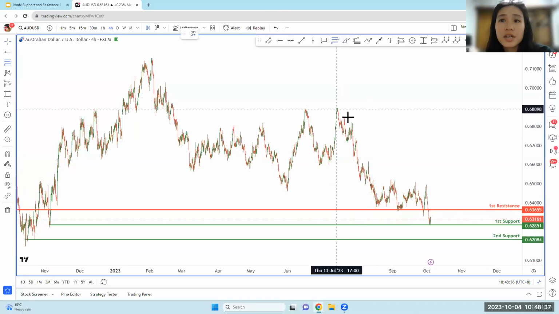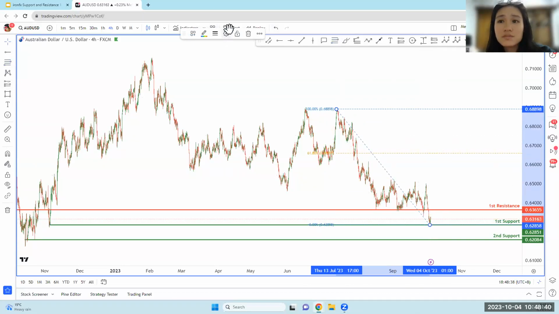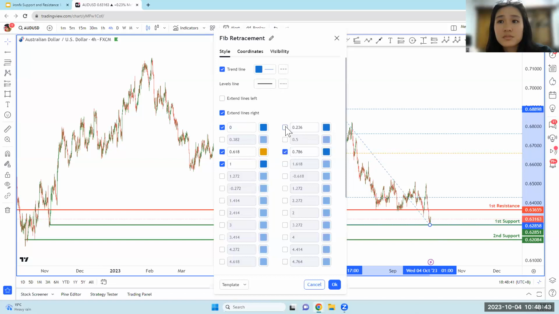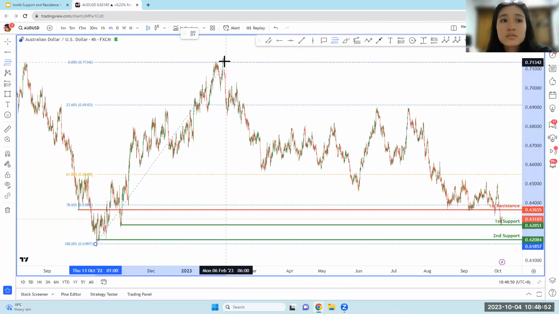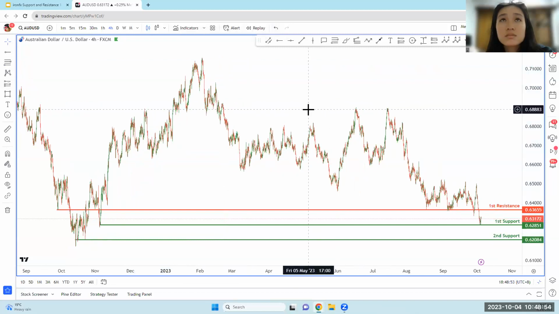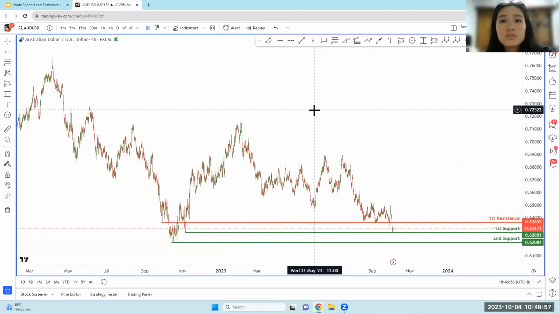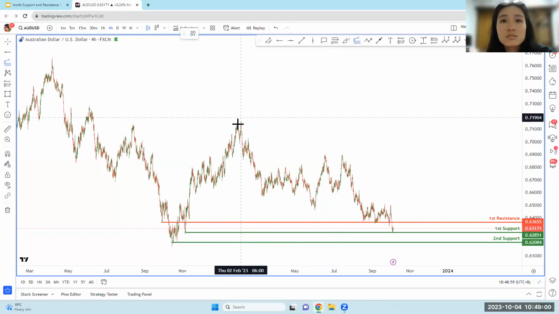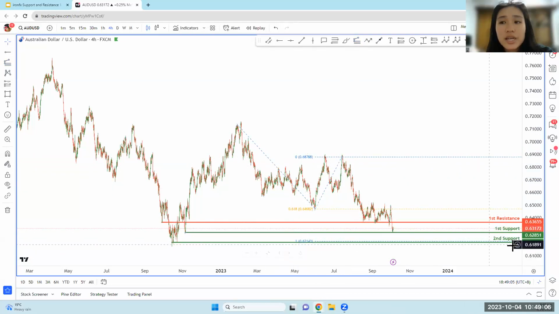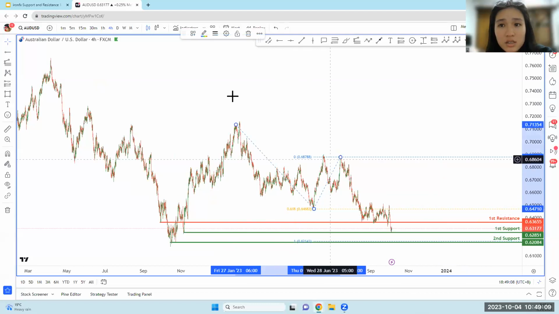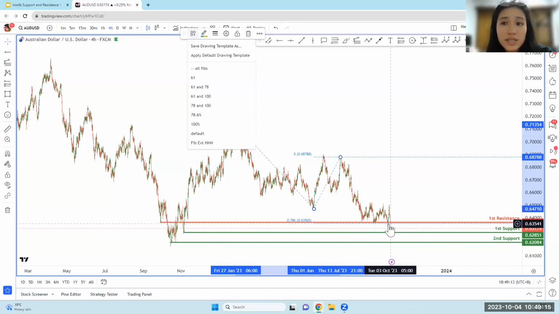Okay, we don't really have very nice levels here. Okay, my 100% level lines up with my second support. Let me see if my 78 lines up. It lines up, but it's no longer valid because price has already broken out of it. So just my 100%.